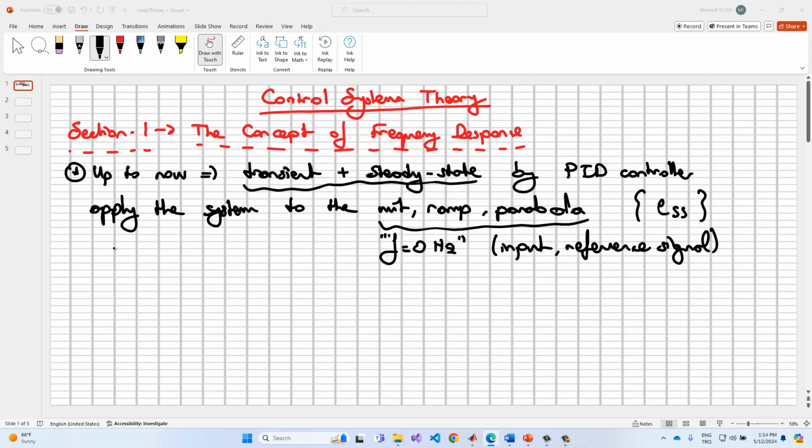And so we need to analyze the input as well, beside the transfer function. Okay, and so the input signal types or the frequency can have effects on the transfer function due to the nature of the frequency domain.